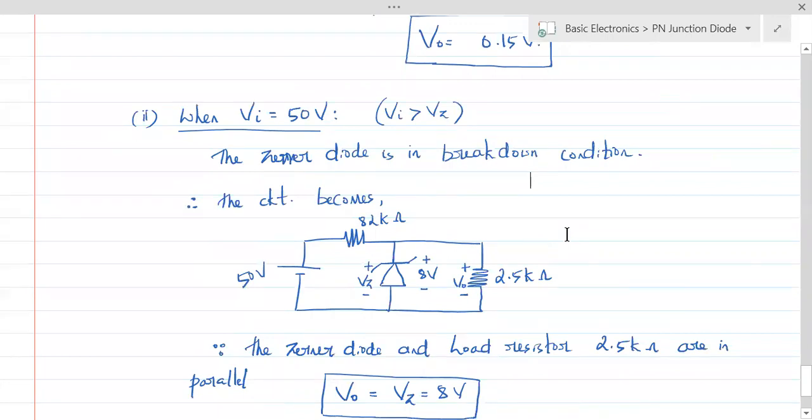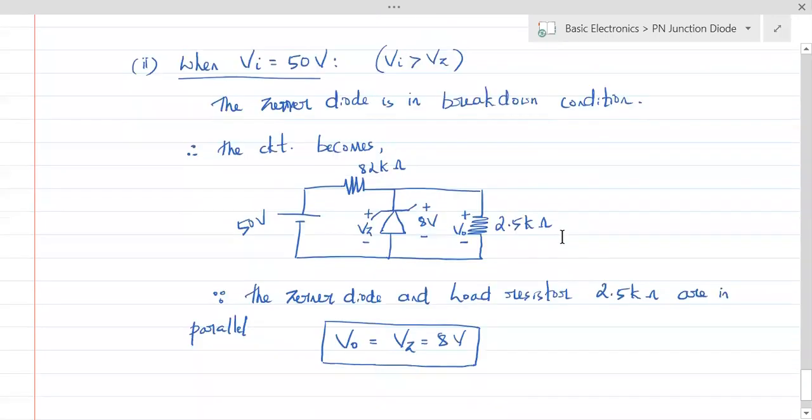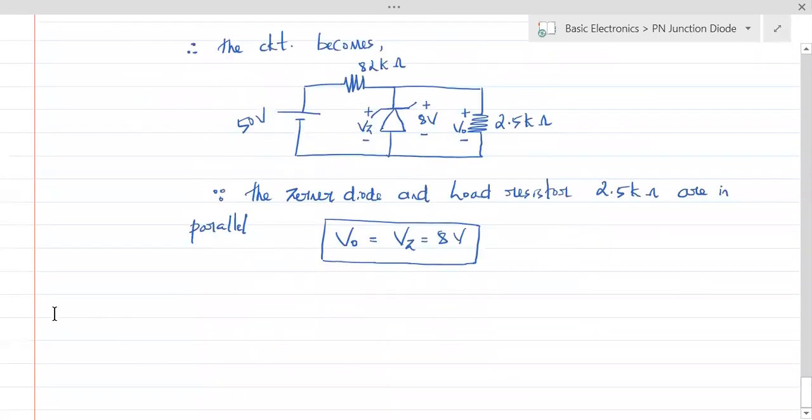Now, let's move on to another problem. Problem number 3, everybody.